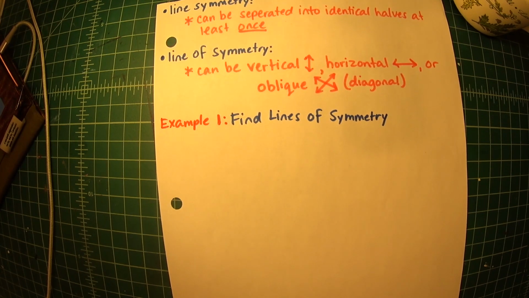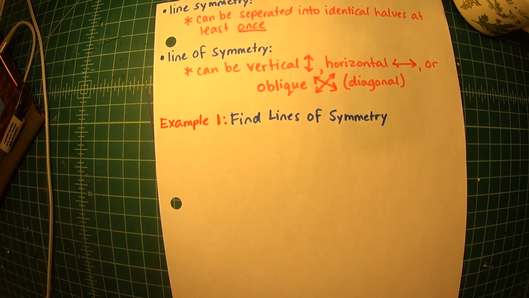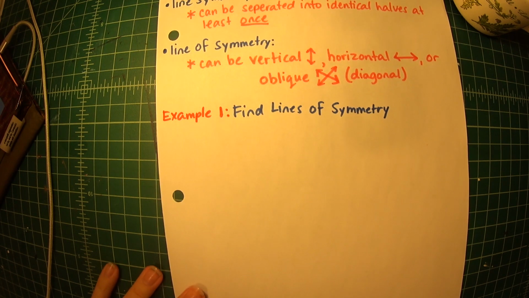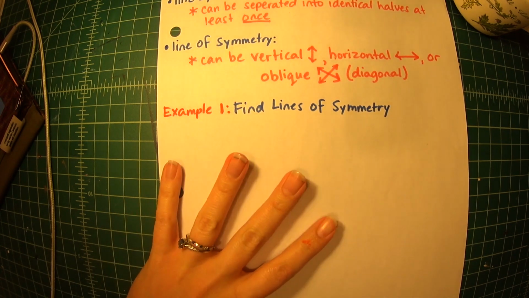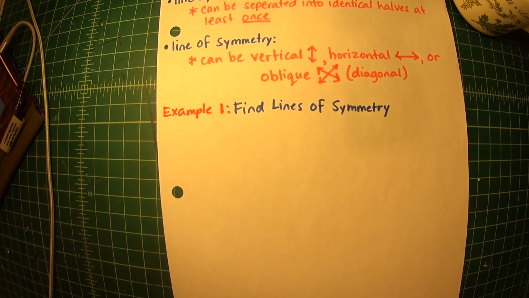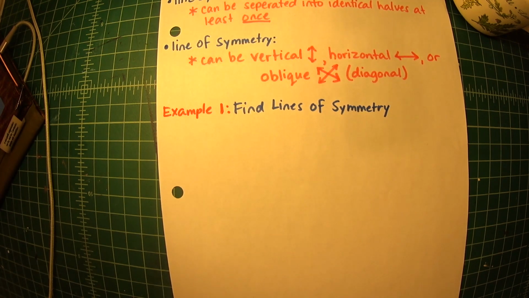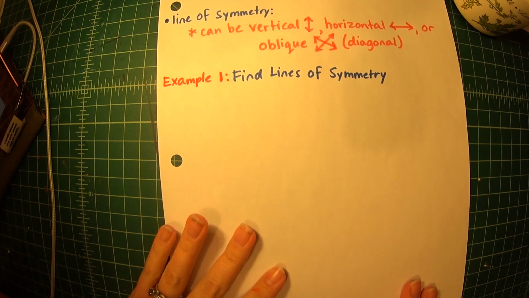Okay, and just so you know, we will be filling in 2 examples in this section, both with diagrams. So try not to write too big, okay? So in the first example that we're focusing on today, you're going to be given existing images and asked to identify if they have lines of symmetry and the directions of them.